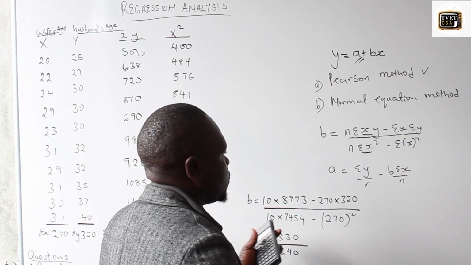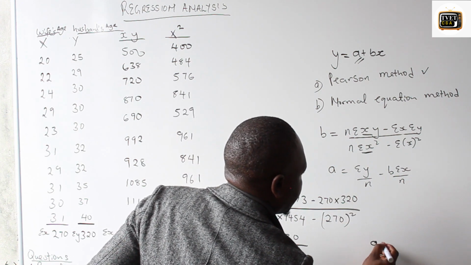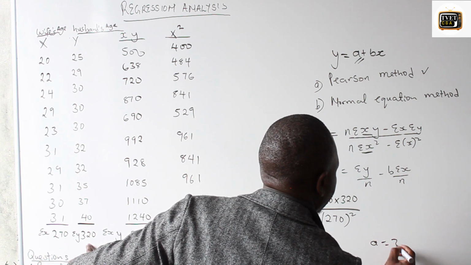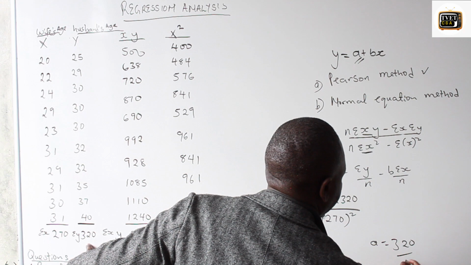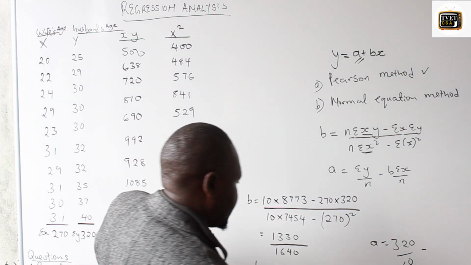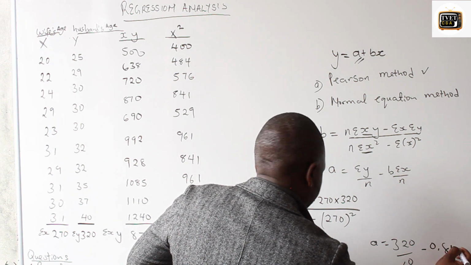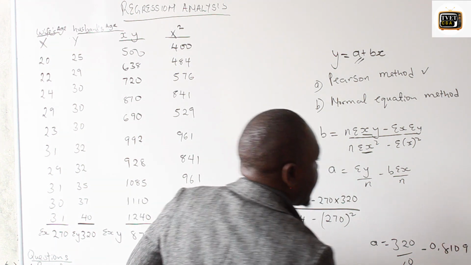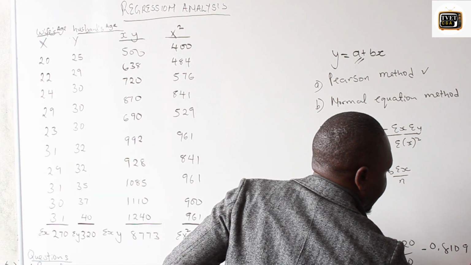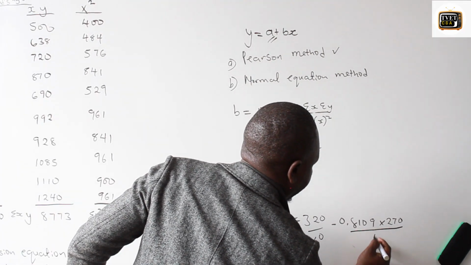a is equal to summation of y, which is 320, over 10, minus b, which is the value we found, 0.8109, times summation of x, 270, over 10.